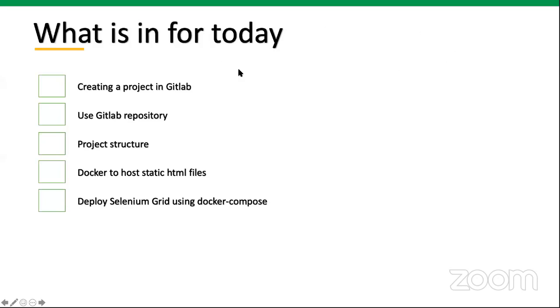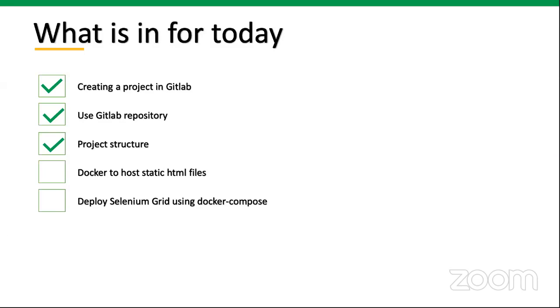Everybody has created a project in GitLab, and we imported the project which we have shared. We used the GitLab repository and we cloned it in our local machine. Please feel free to interrupt me if you have missed anything. We went through the project structure and explained what it contains for the tutorial.